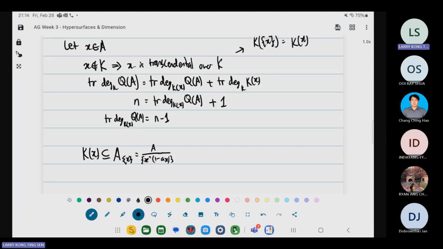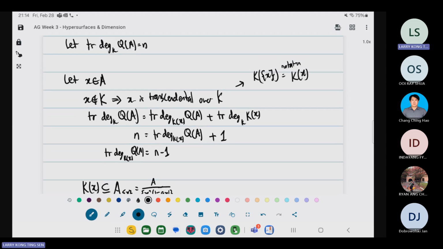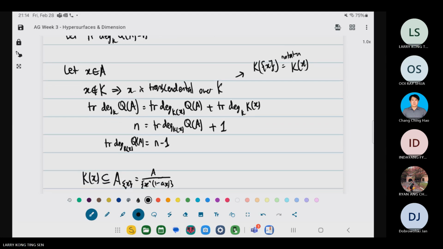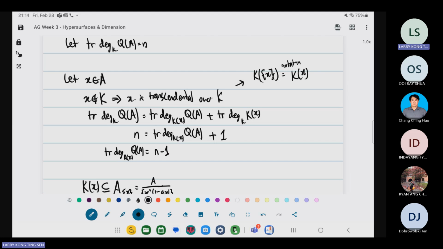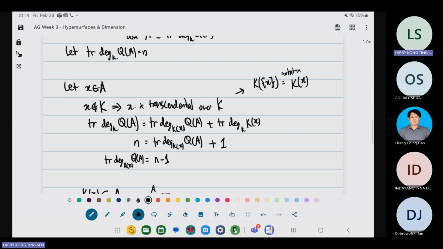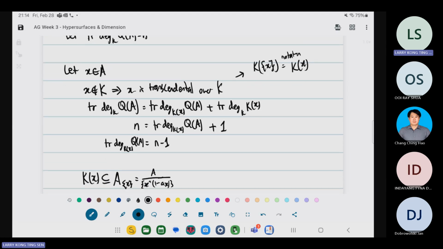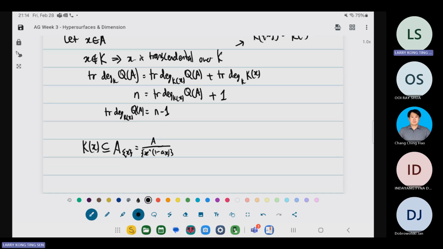So basically the idea is that they perform induction, assuming this inequality holds for a lesser n, that you can basically improve it.